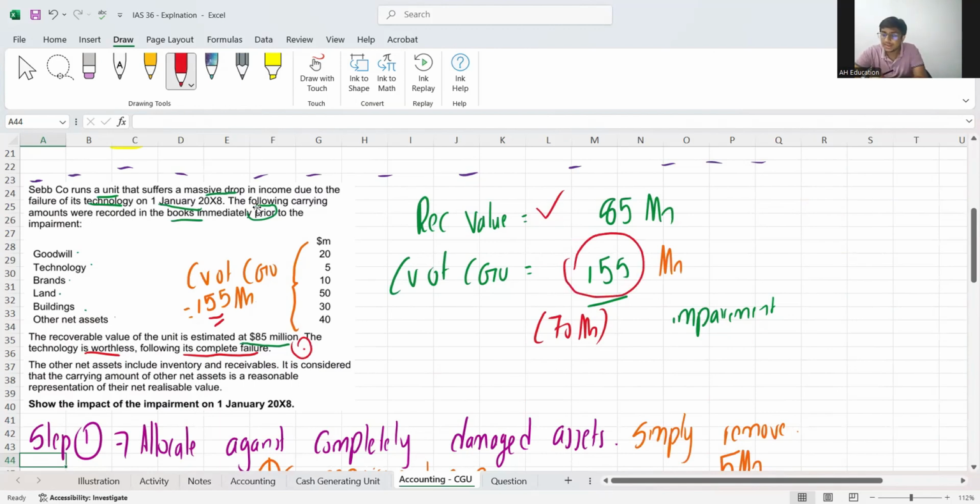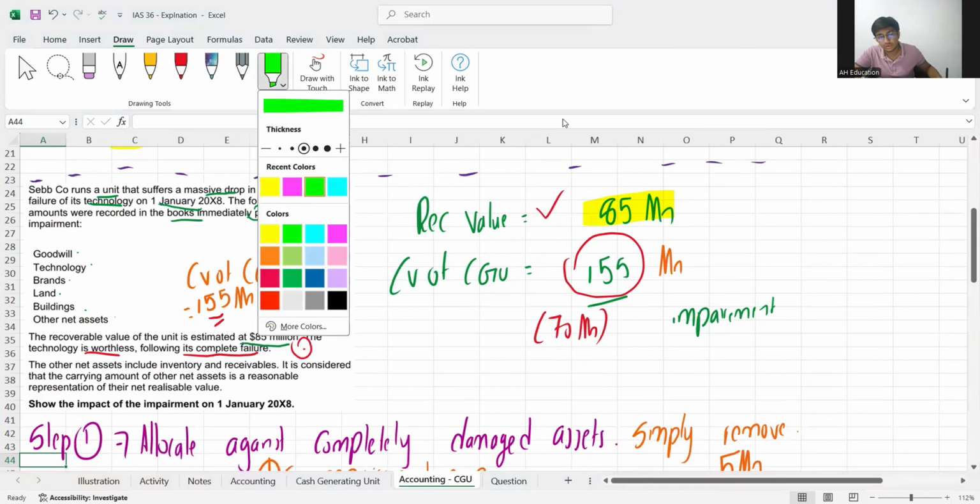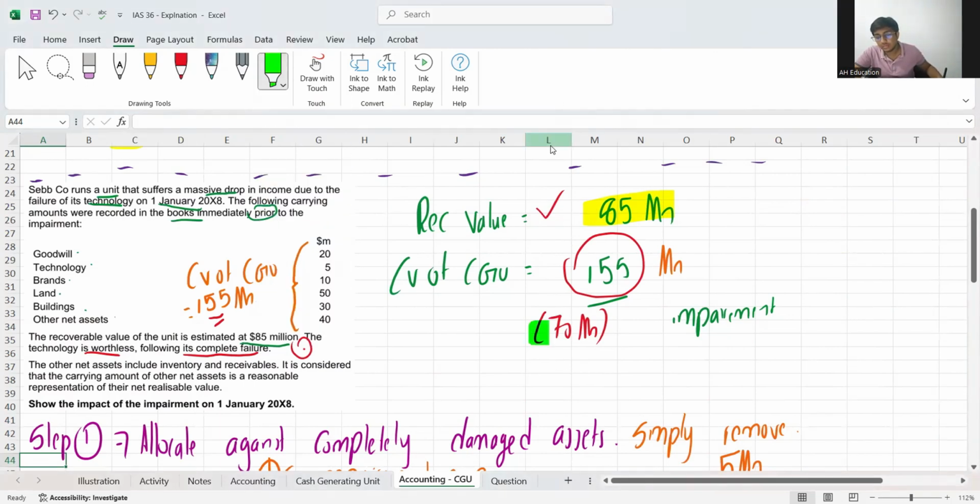Now, a basic impairment question: the carrying value of assets is 155, presented in your statement of financial position, but you can only recover 85 million. That is the maximum recoverable amount. If so, you need to impair 70 million.